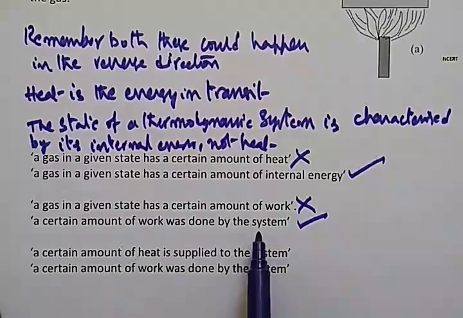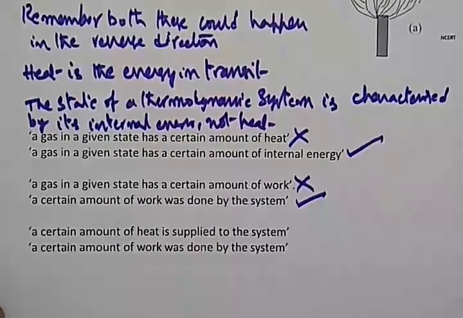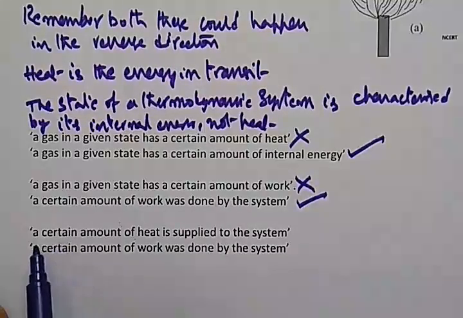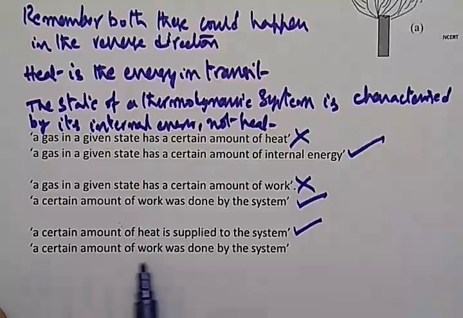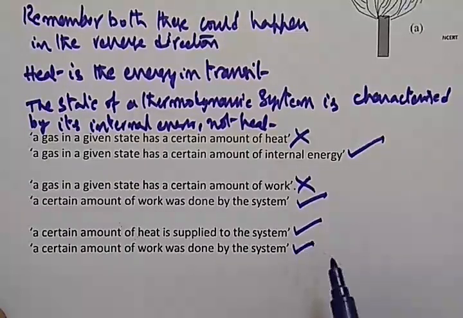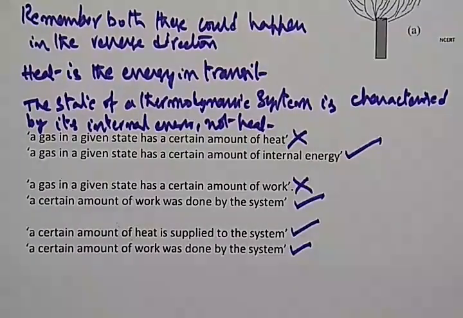We should always represent it like this, not the other way. So a certain amount of heat is supplied to a system is correct, and a certain amount of work was done by the system is correct. These things we should know.